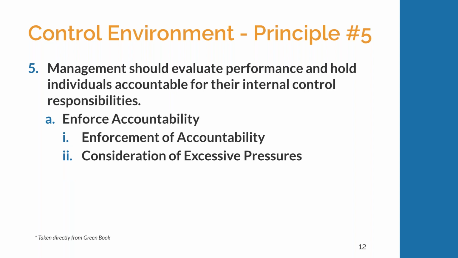Then finally, principle number 5 would be, how do you go about evaluating and enforcing the process? So what is the performance part of it? Do we enforce accountability? What is the accountability in that situation? Would that be in your policies and procedures? Is it more within your employee handbook, a code of conduct, where you are accountable for something?